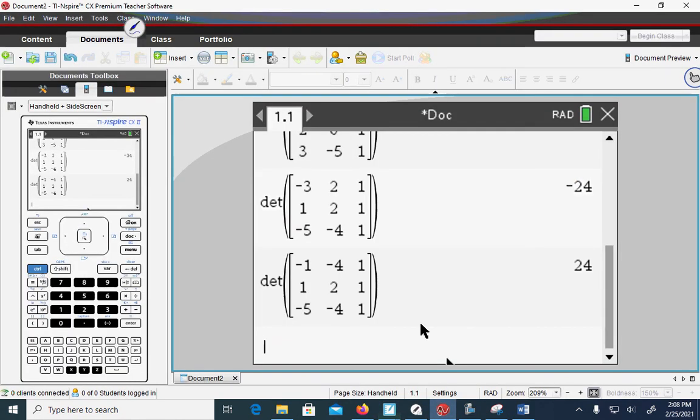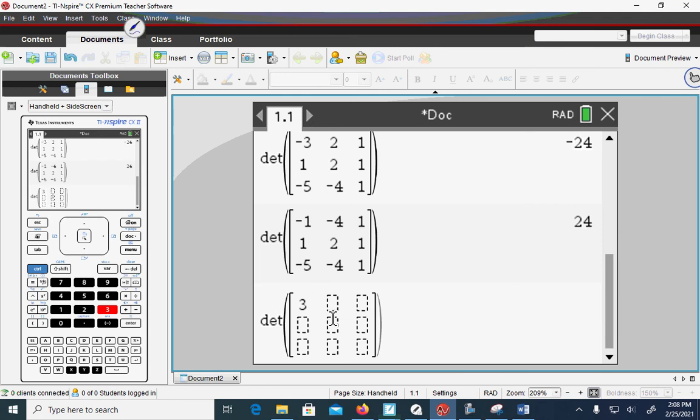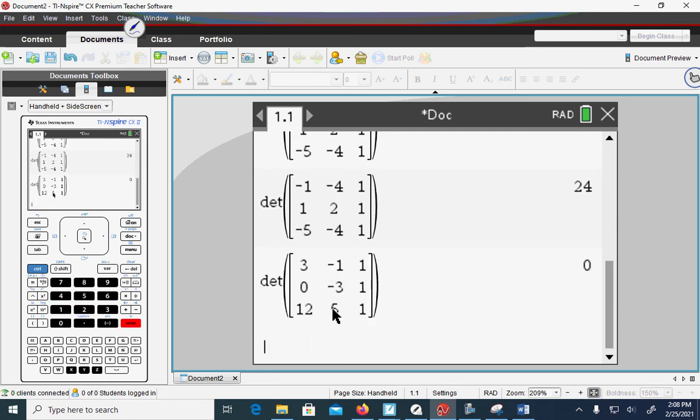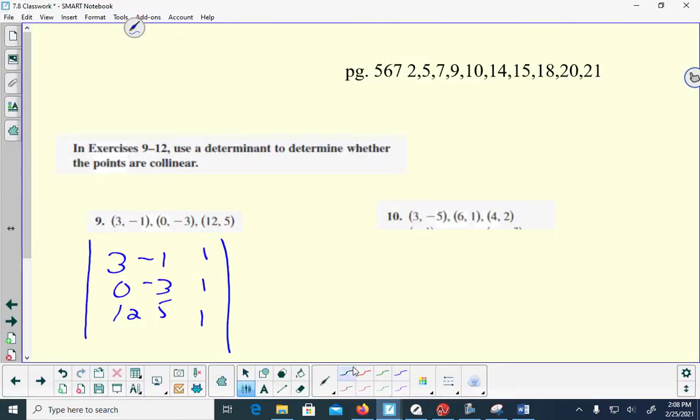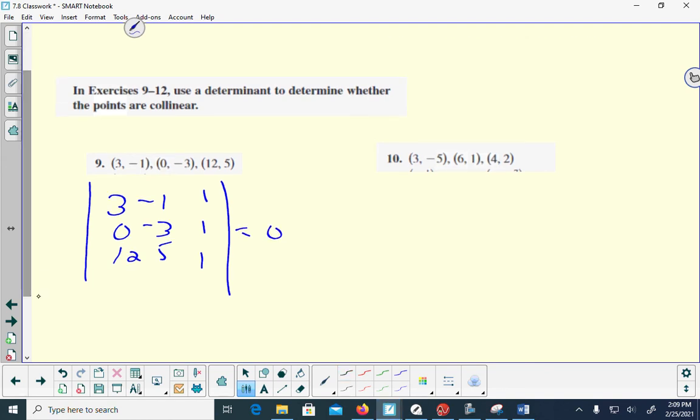So I'm putting this in. I hit enter and I get 0. So I am going to say that this one was equal to 0. So those points are collinear.